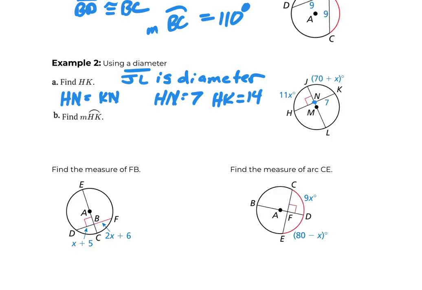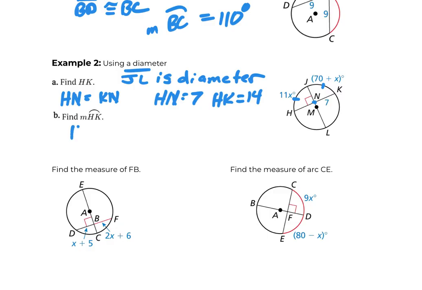Okay, what would be true about these two arcs? What do you guys think? What could we say about those two arcs? They're congruent, okay? This arc and this arc are congruent because those two segments are congruent, okay? And it's the diameter that is splitting those two.